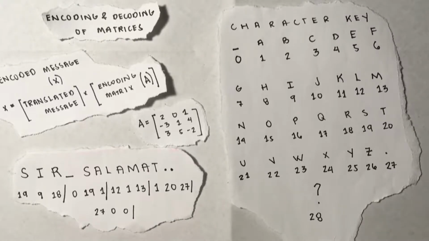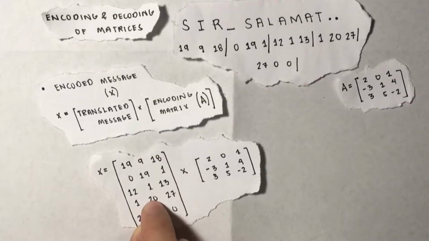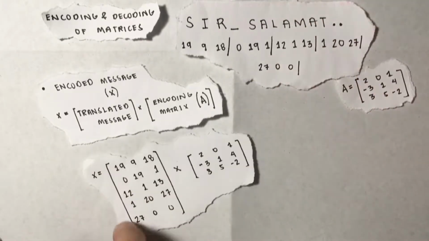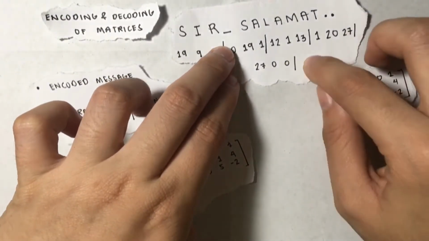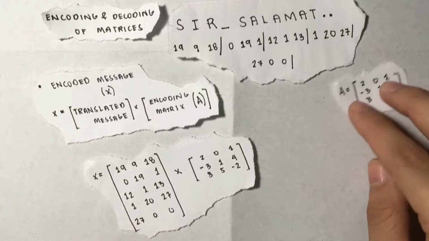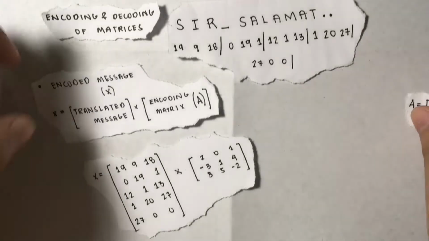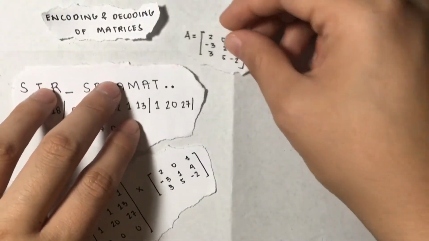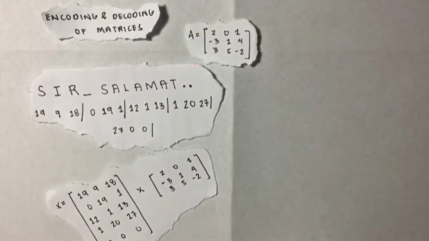To translate the message into numerical characters, you can simply look for the corresponding number to the corresponding letter on the character key. Then we added two zeros at the end of the numbers because we need to fill the gap to complete the group of three.